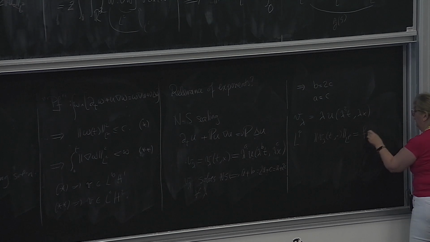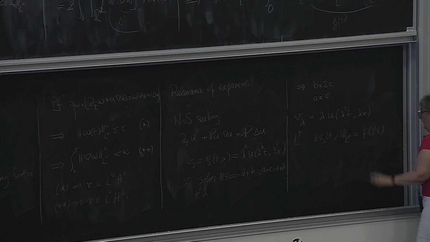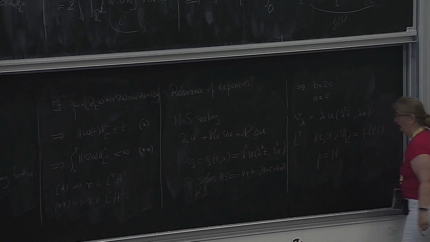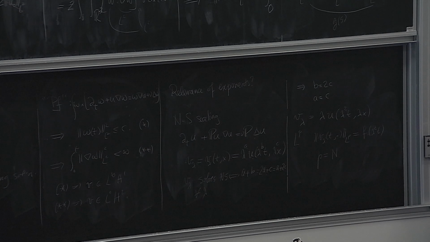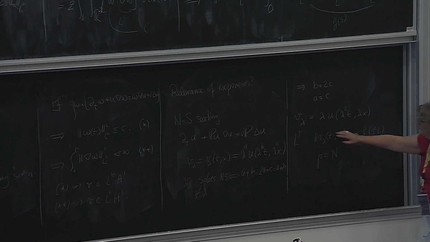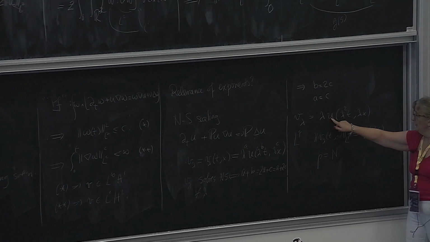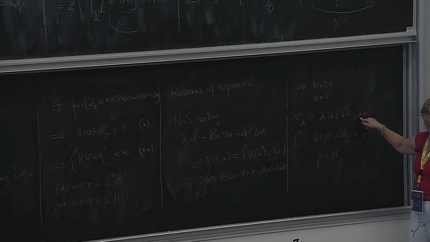It's a function of lambda squared. So what is the LP norm? And the answer is P equals n. This will make the norm not invariant, but depending only on lambda squared t. When you compute this to the power n, you get lambda to the n, u to the n, and you're going to get lambda x.